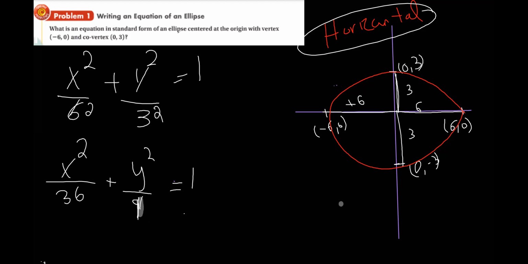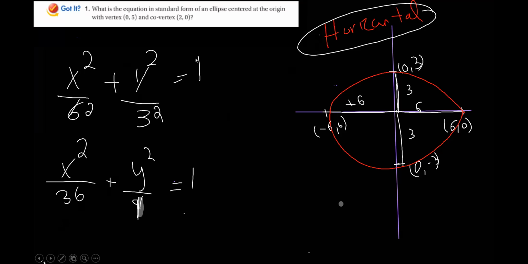So he asked me here to write an equation. Let's do this one here. What is an equation in standard form of an ellipse centered at the origin? So he gave me an ellipse at the origin with a vertex 0, 5 and co-vertex 2, 0.